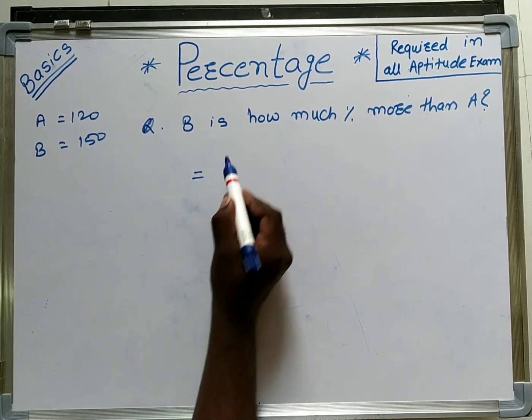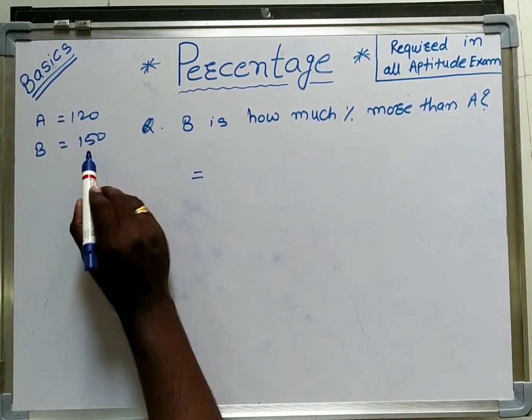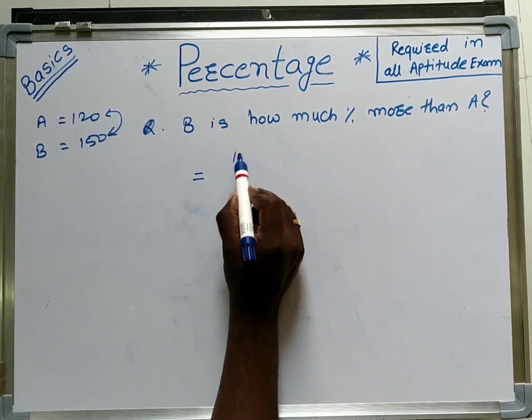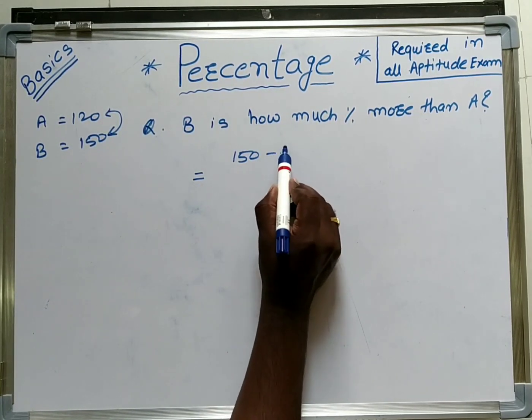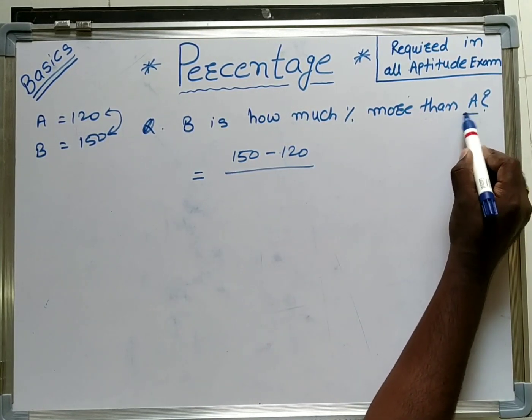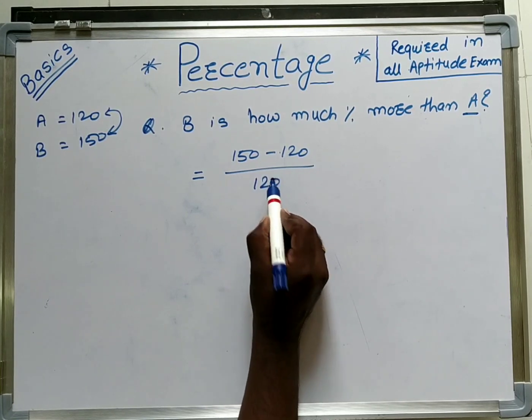How to solve this question? B is how much percent more than A? More means there is a comparison between A and B, so the bigger one, B, minus A, divided by A, since 'than' refers to A. What is the value of A? That is 120.